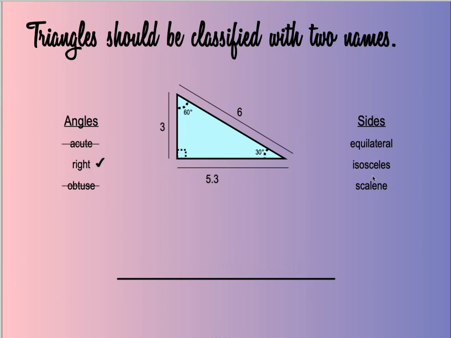So now I need to think about my sides. I have 5.3, I have 3, and I have 6. None of those are the same, so it can't be equilateral. That means they're all the same. Isosceles means 2 are the same. So it has to be scalene. None of them are the same.